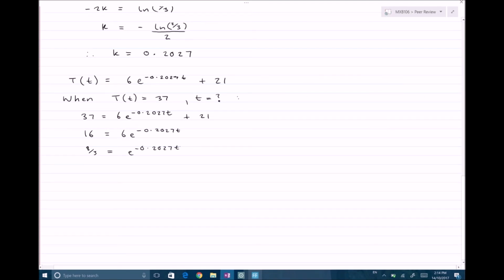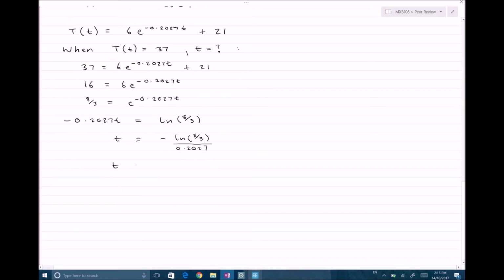Rearranging again using our log rules, we've got negative 0.2027 t equals the log of 8 on 3. t is going to equal the negative log of 8 on 3 divided by 0.2027, and so t is approximately negative 4.8479.